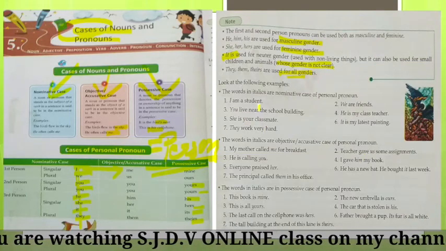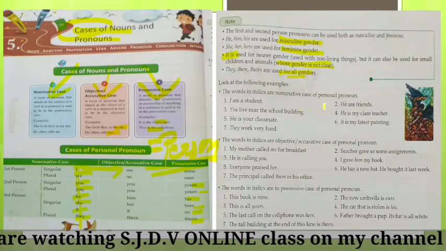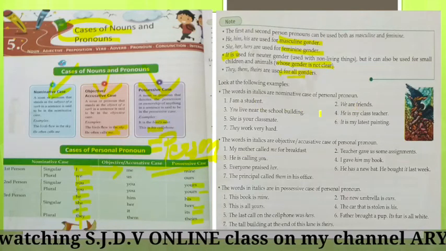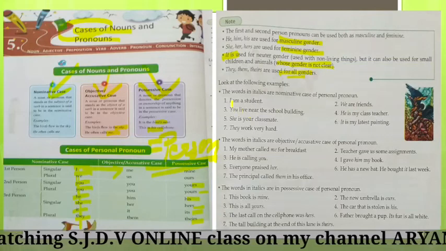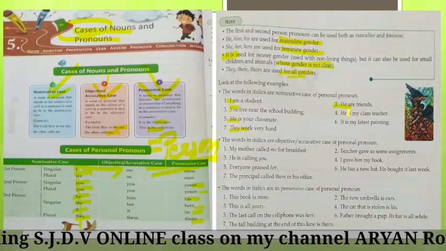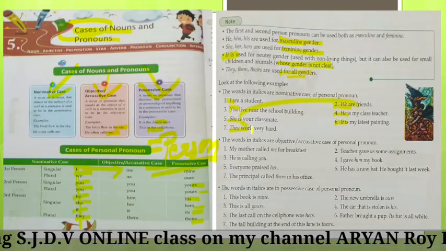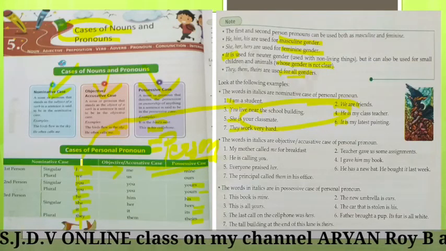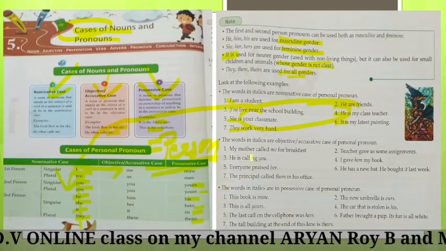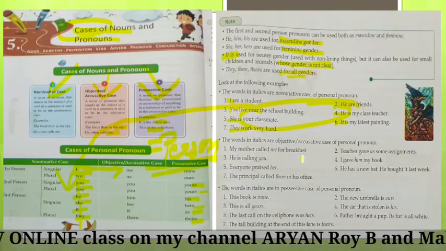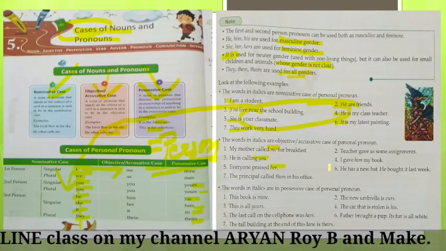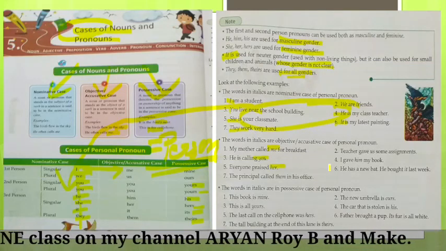The words in italic are the nominative case of personal pronoun. The italic words: I, you, she, they, we, he, it. If you match with this, you will get all your answers. Then obviously if you take the examples me, you, her, these types of words, the other words you will have to find out.